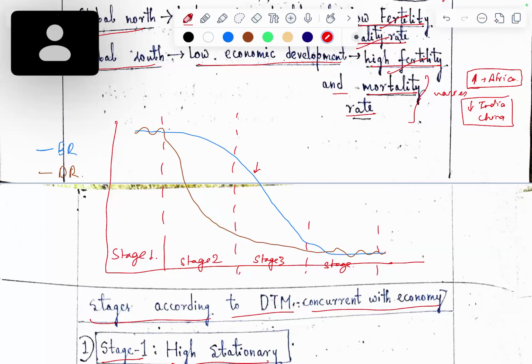Now, you also need to add one more aspect here: the birth rate is declining further and the death rate is also declining further.